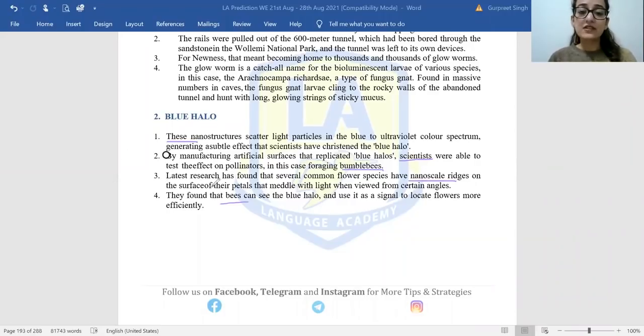Looking at the final answer, what we'll have first is latest research has found that several common flower species have nanoscale ridges, because this is the topic. What is the topic about? That we are talking about a research on common flower species. And then nanoscale ridges will make reference to these nanostructures. And after that, we already had a pair made, that scientists will come first and then they found.